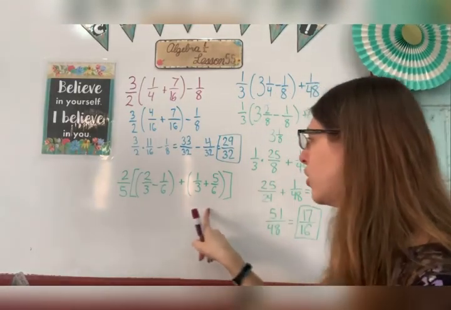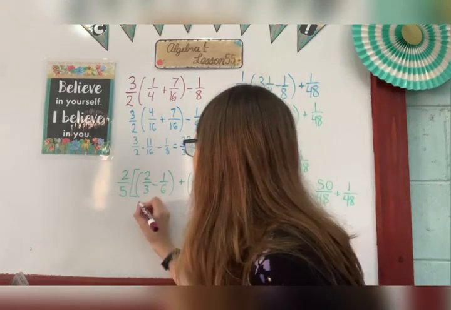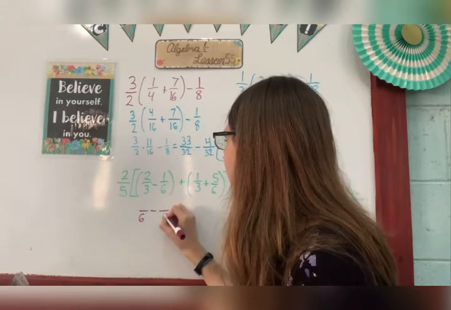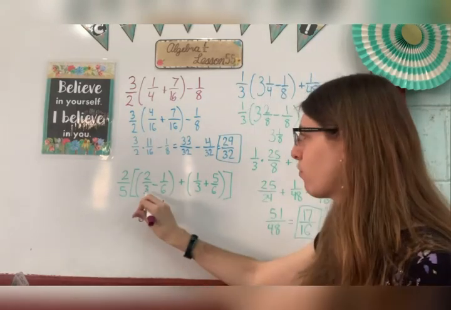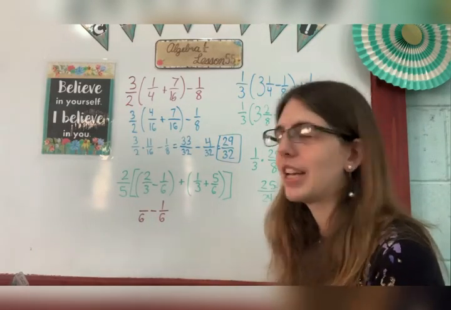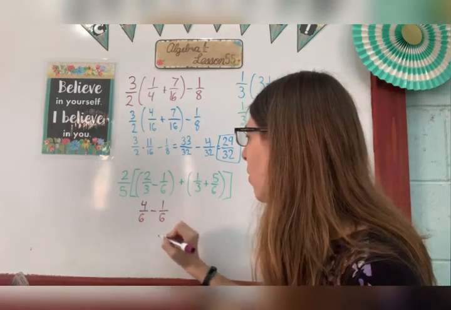I'm going to go ahead and work both my parentheses at the same time to save a little space. So this becomes 6 minus 6. This fraction doesn't change. I multiplied 3 times what to get to 6? 3 times 2, so I multiply my numerator times 2 as well. 2 times 2 is 4.